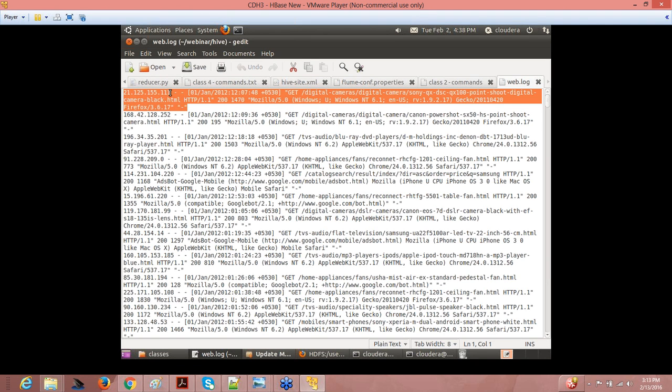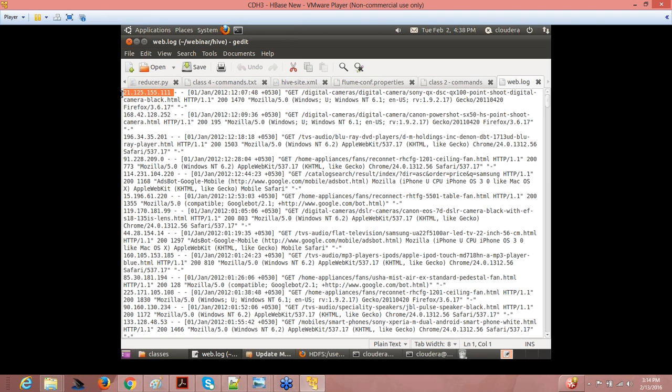You can see what it has. This is the IP from where the request came from. Okay. So what is this log file? This is a log file that's created by the web server. Every request that's sent to the server will be recorded in the log file.